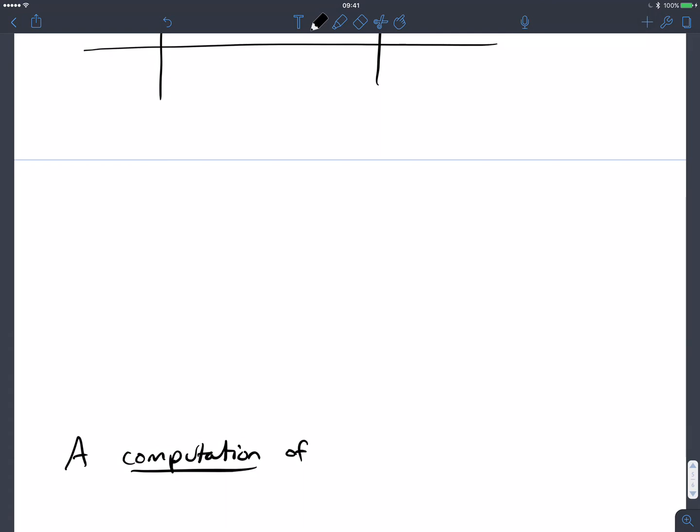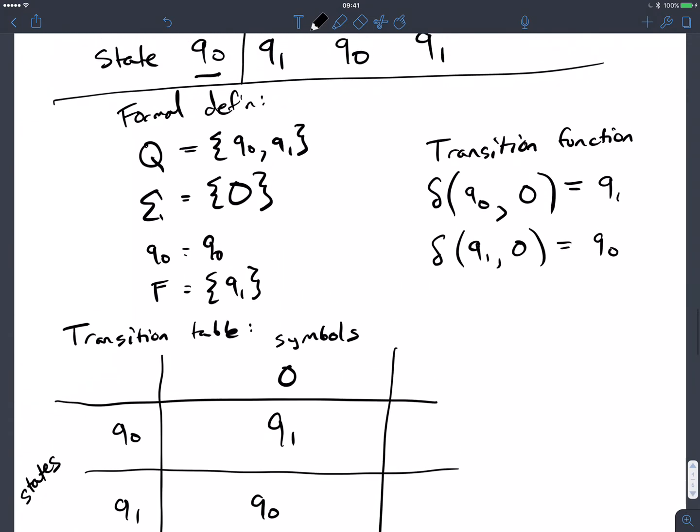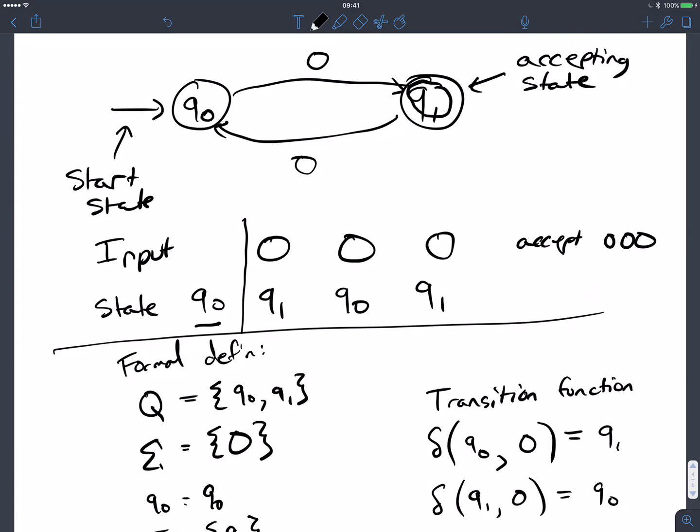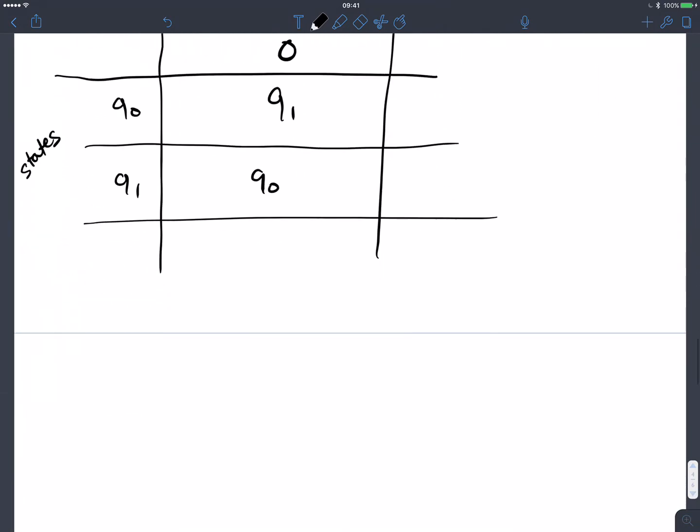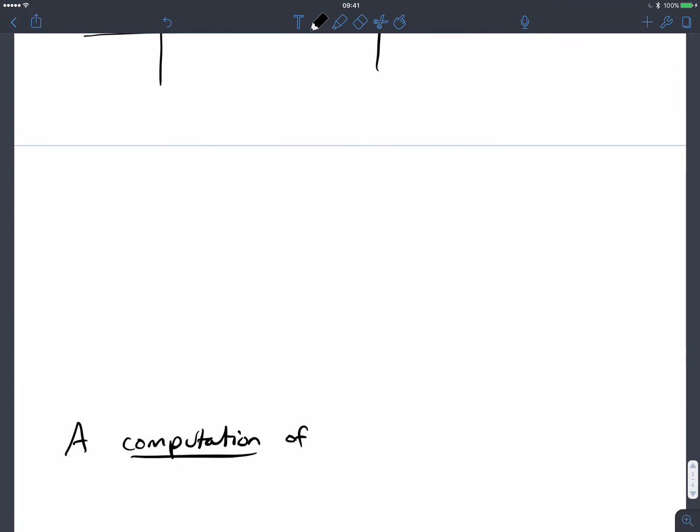We talked about, from the example before, that this DFA accepts only the strings that have odd length and consist entirely of zeros. Well, what about all the possible strings that exist? We may need to talk about those because, as I said, when we talk about computations, we need to talk about every DFA and every string. So we need to say, what is a possible string that could be defined for this DFA?